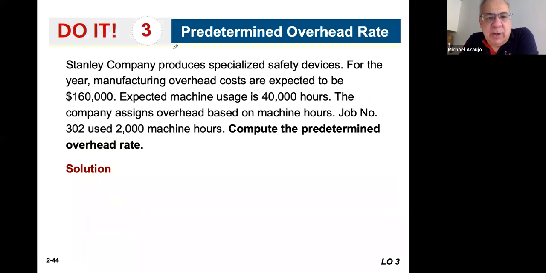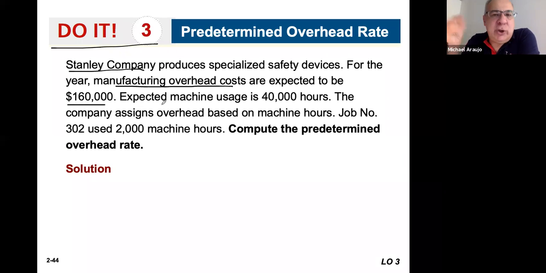All right, so here's your do it exercise for learning objective 3. We're looking at Stanley Company. They produce specialized safety devices. Here, they have estimated for the year that their manufacturing overhead costs are going to be $160,000 for the year. Now, in this case, they don't use a percentage of labor. They actually use something called machine hours.